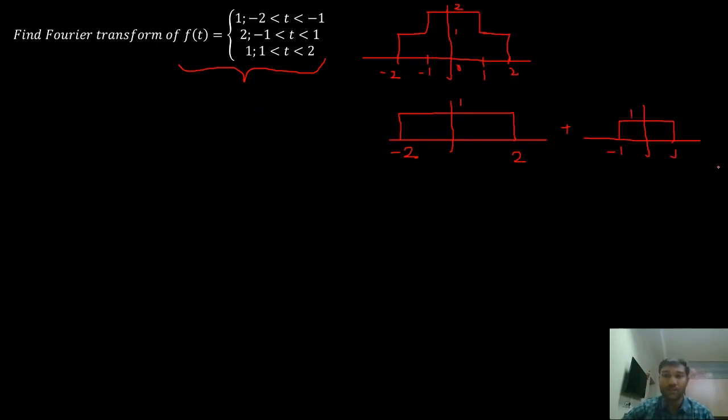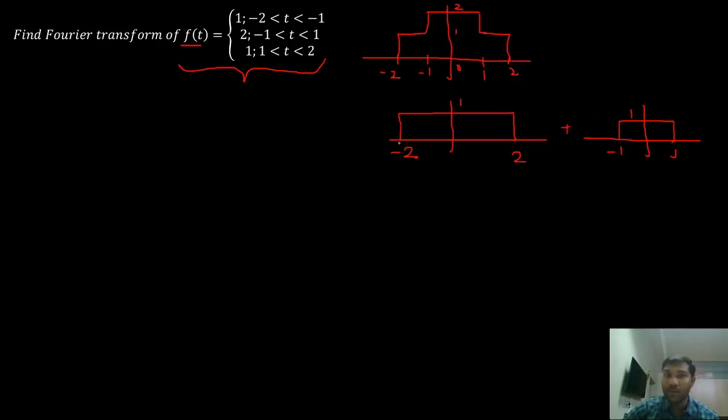If I add these two functions, am I getting the original function? If I add these functions, I will just overlap this function here, right? So from minus 1 to plus 1, I have 1 here and I have 1 here. If I add 1 plus 1, it is 2. So from minus 1 to plus 1, it is 2.